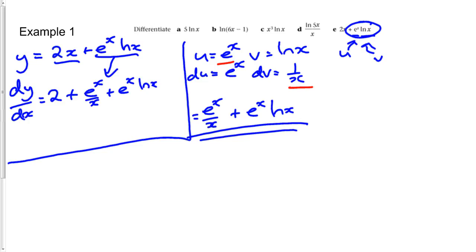And we could leave it like that. I don't think we're going to get penalised. Because what we could have done here, and perhaps should have done, is factorise out the e to the x. There's no reason why we can't do it in the final answer. So 2 plus, then factorise out the e to the x. E to the x bracket 1 over x plus log x.